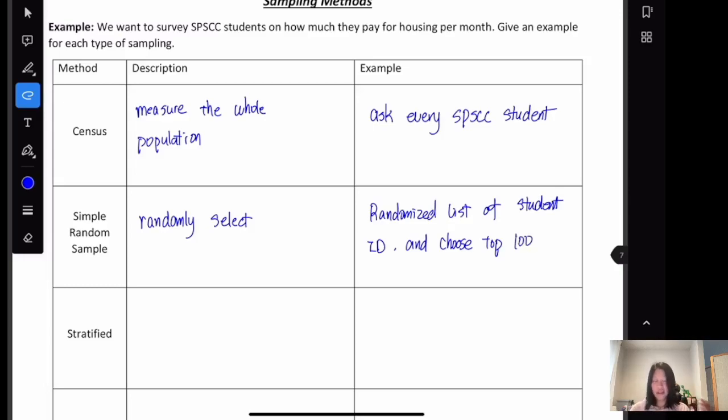Or maybe you just stand in front of the building, or in front of the school gate, or maybe the cafe, and ask those people, 100 SPSCC students who are passing by.